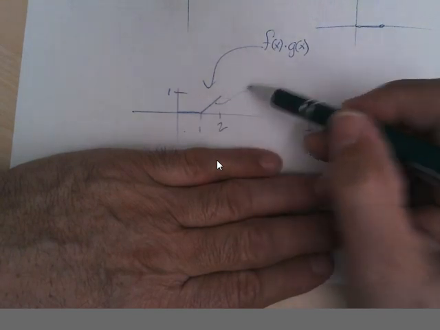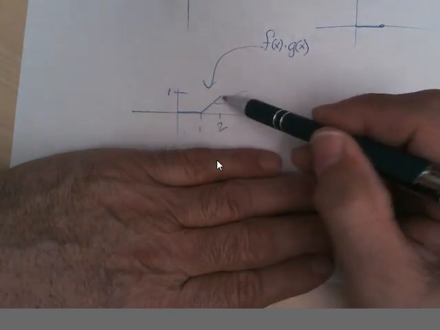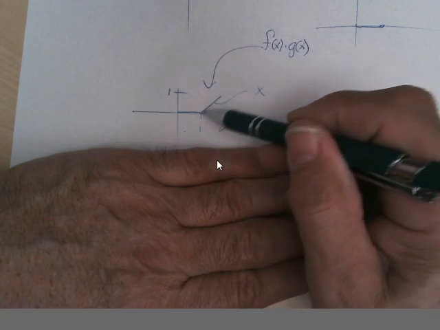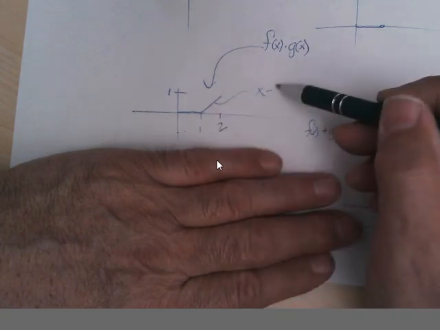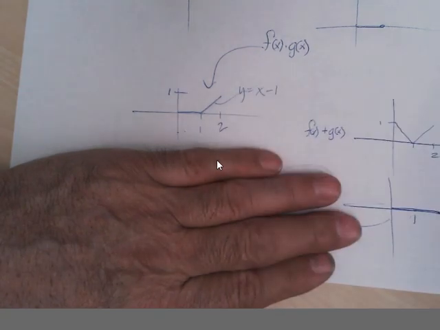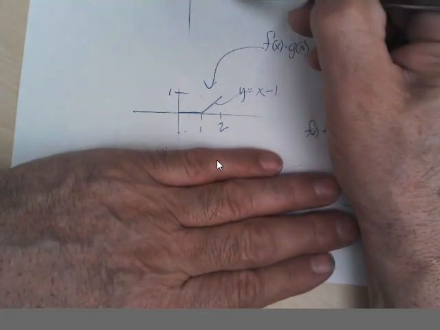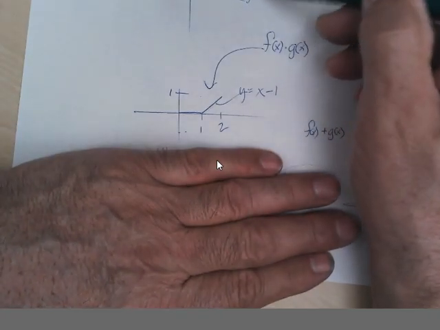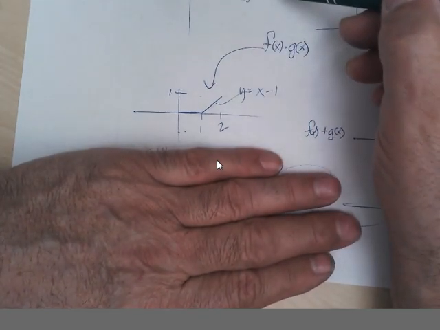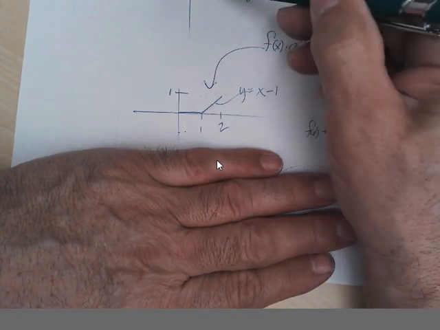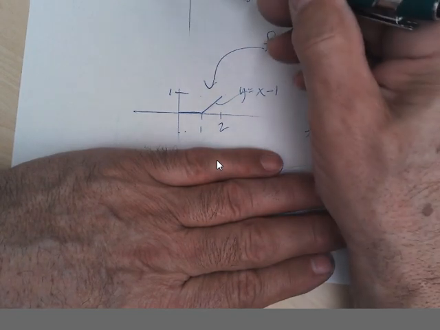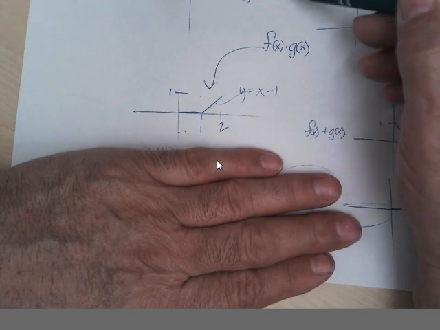Its equation would be x, slope of 1, going through minus 1, minus 1. And this would be a line, y equals negative x, because it's going down by slope of 1, starting at plus y-intercept of 2.